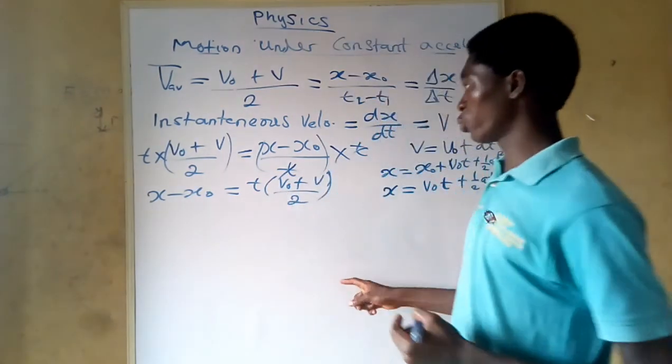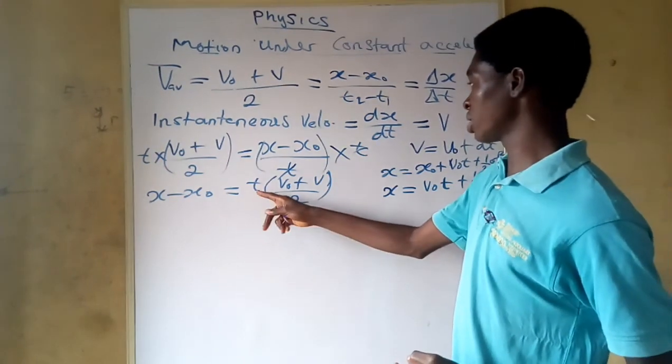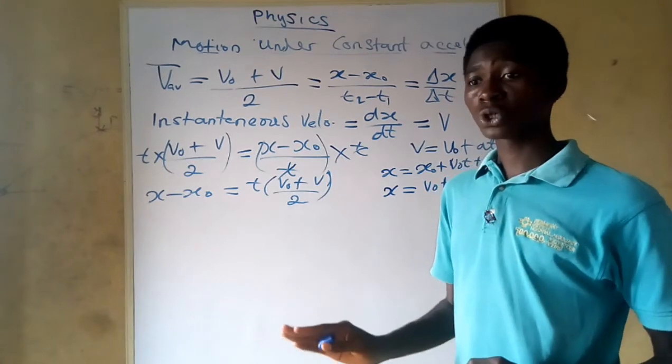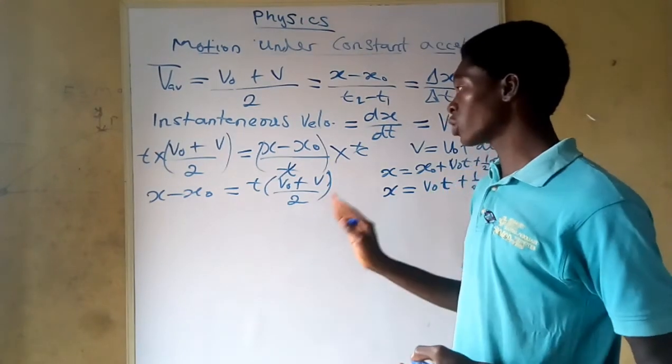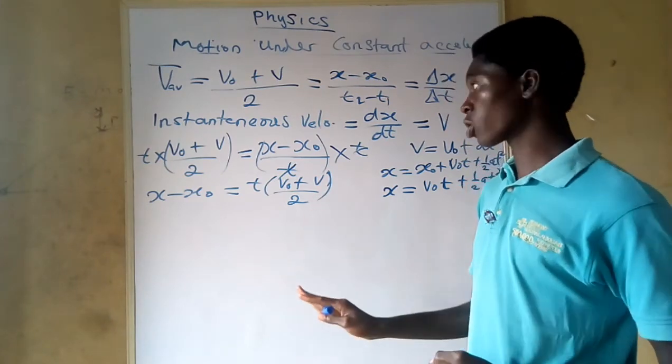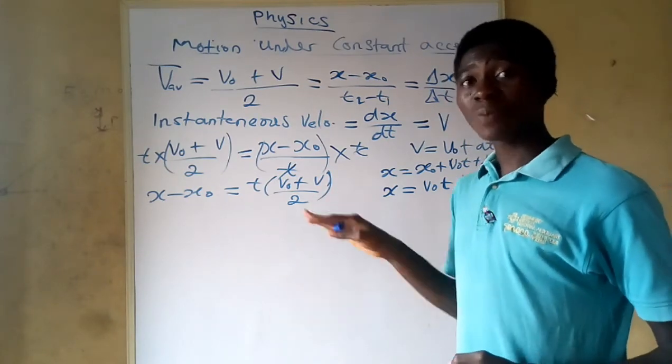Now, how can we eliminate this t? Remember that all these equations of motion, no matter the one you use, should give you the same thing, because everything is under the same acceleration.